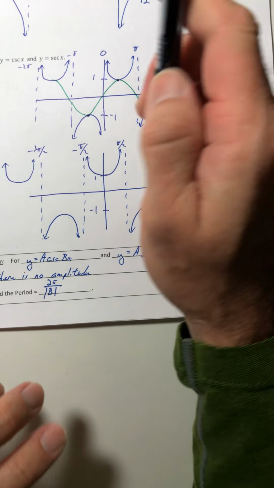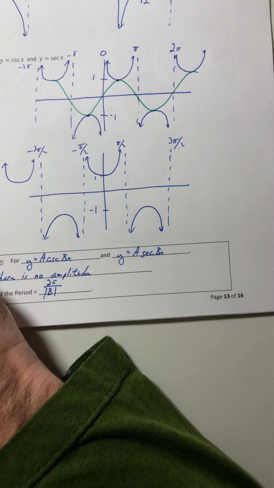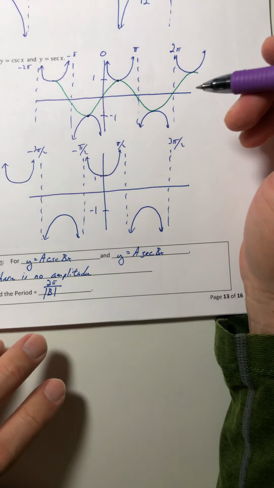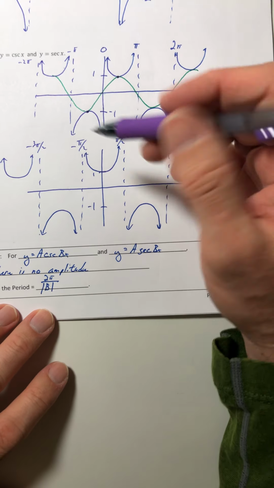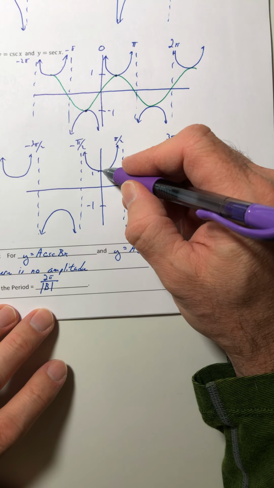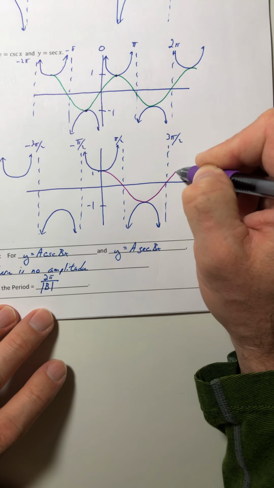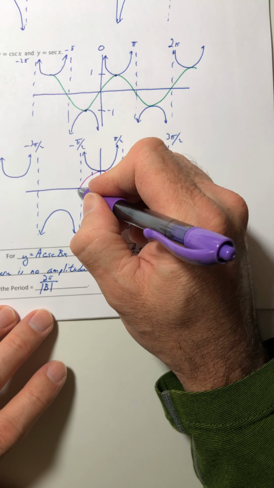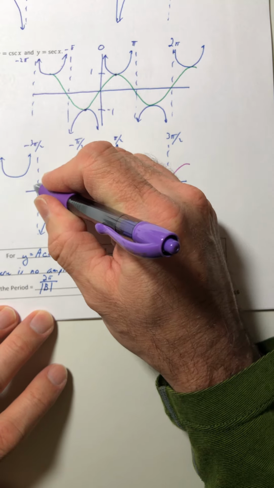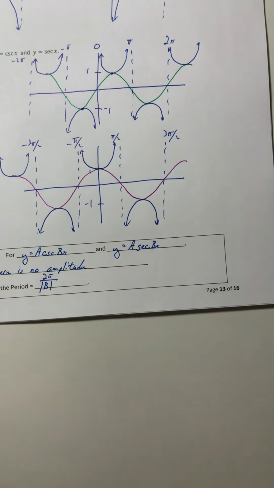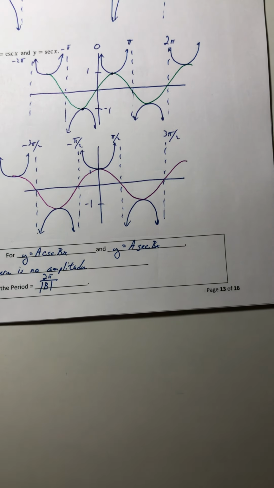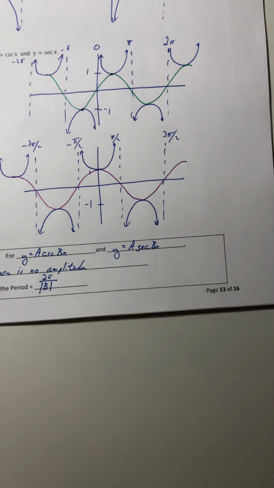You don't have to. I myself don't do it because I don't need to draw two curves. I can draw cosecant and secant directly, but if you don't like to do it that way, that's totally fine. You're not going to get it wrong by any means. You're just doing extra work. So if you want to have like a sine or cosine curve in there, that's totally okay.